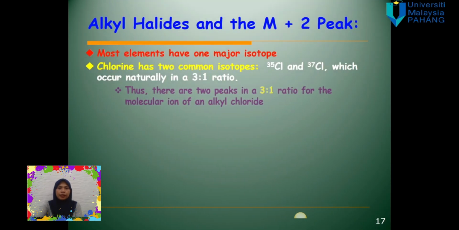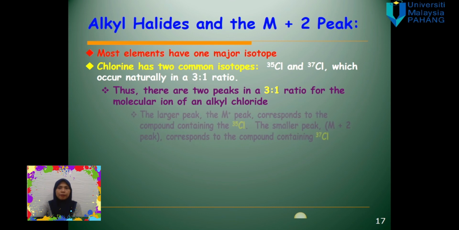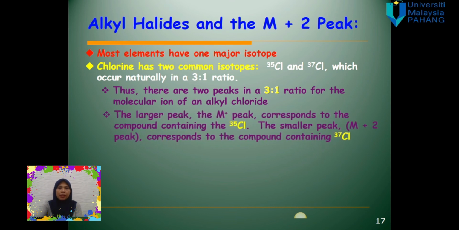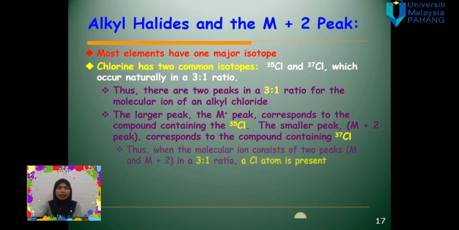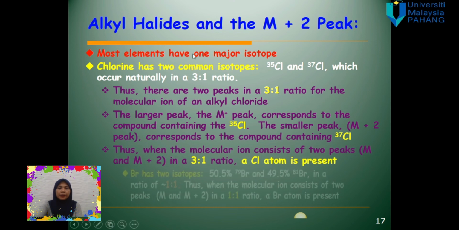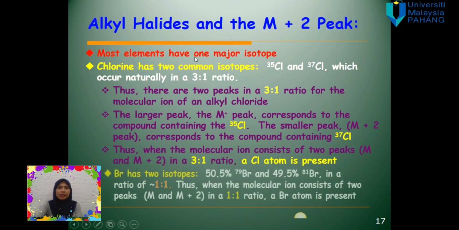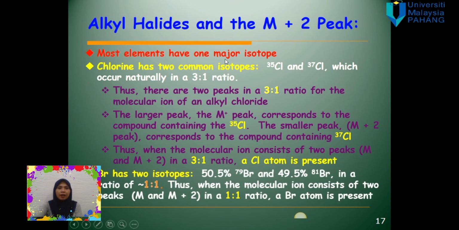Next, M+2. When this peak is present in our mass spectrum, it shows us the presence of a halogen isotope. If the M+2 peak has a 3 to 1 ratio, it shows us that chlorine is present in our molecule.